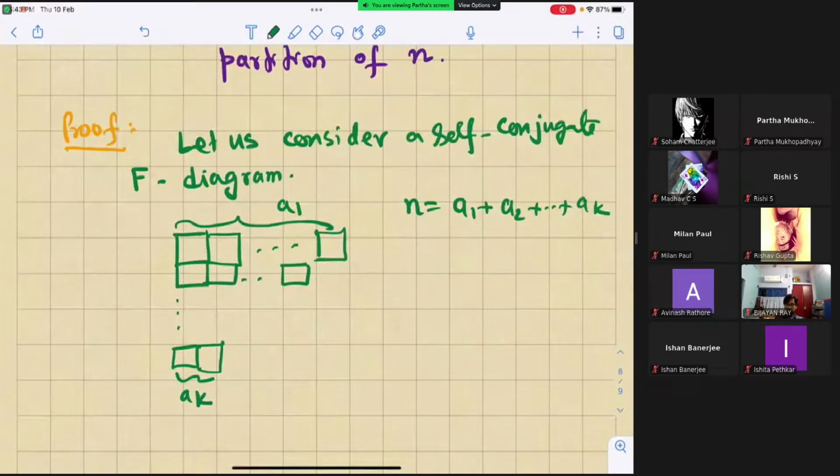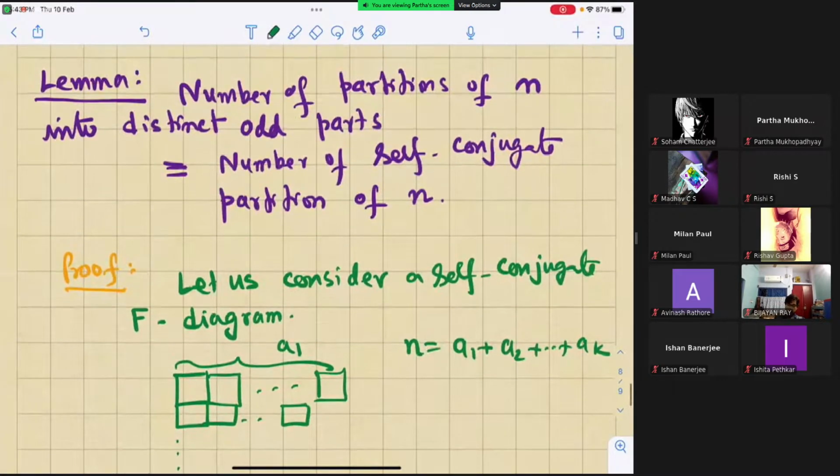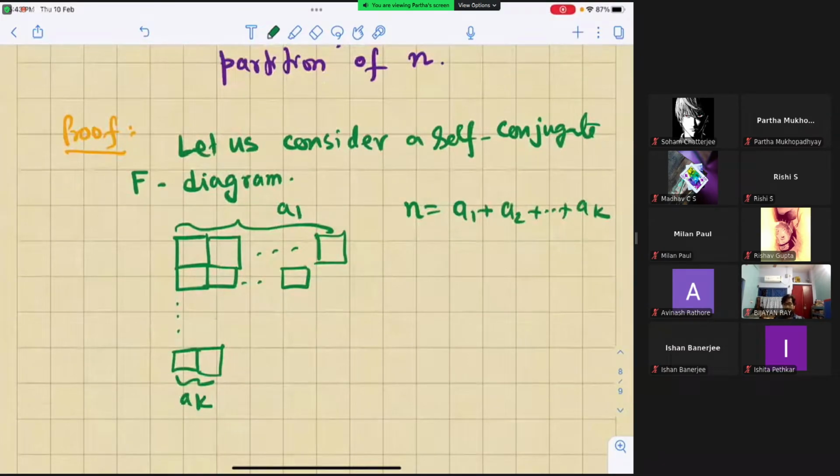What I want from this, I want to construct a partition of n into distinct odd parts. Okay, so let's see how I can do that.